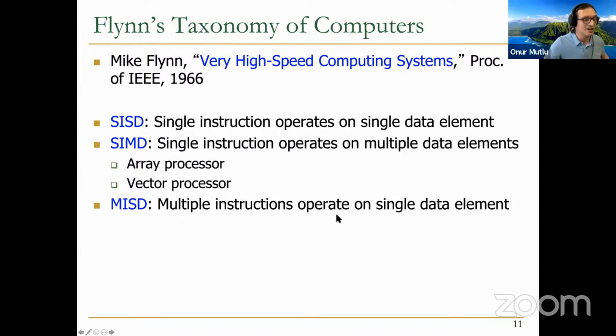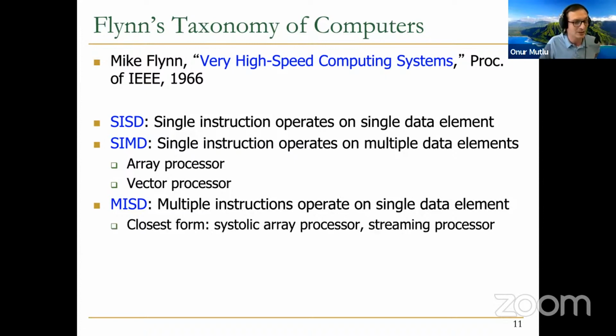This is an interesting one because the closest form is something that we have seen earlier, actually, which is a systolic array processor. Essentially, multiple instructions actually is a stretch because systolic arrays normally don't necessarily have instructions, they have operations. But if you think about generalizing a systolic array, like we discussed at the end of the last lecture, as a streaming processor, for example, you're streaming in data and you get one data element, an operation transforms it into another data element, and then passes it on to another operation, right?